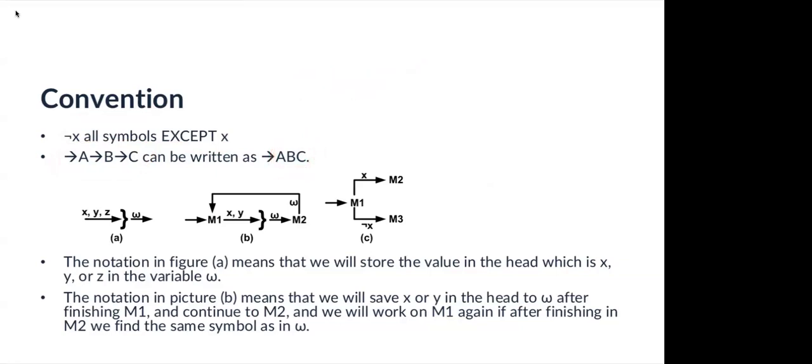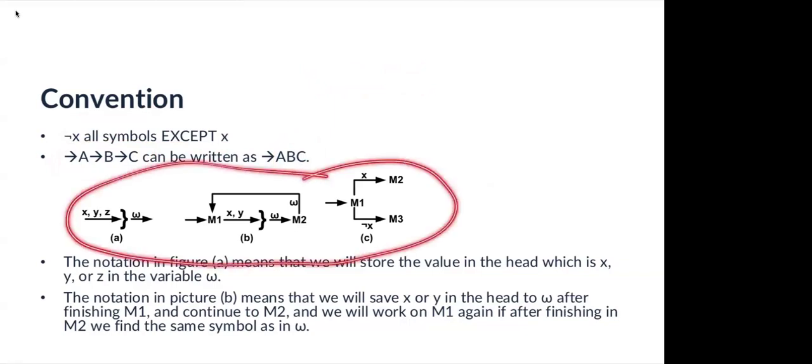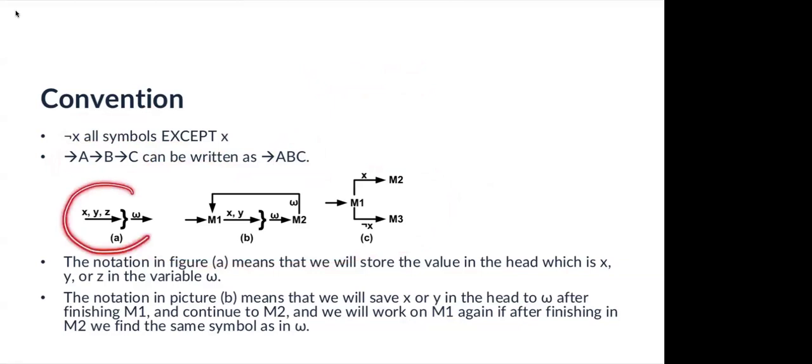It means machine A concatenated with B, concatenated with C. And this is another notation. This means we will store the value in the head, which can be X, Y, or Z, in a new symbol or variable called omega. We can write it like this.